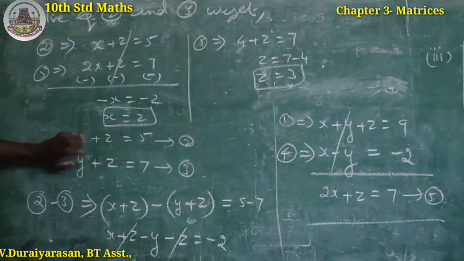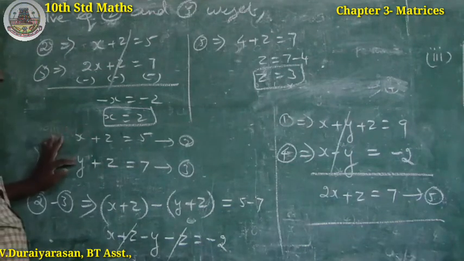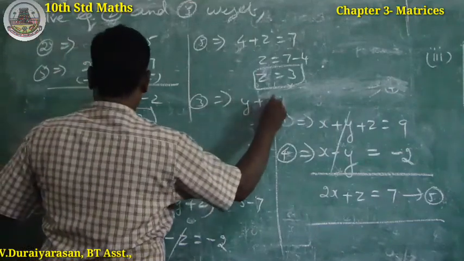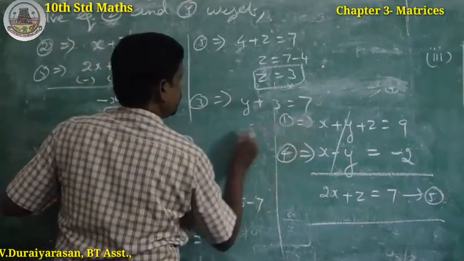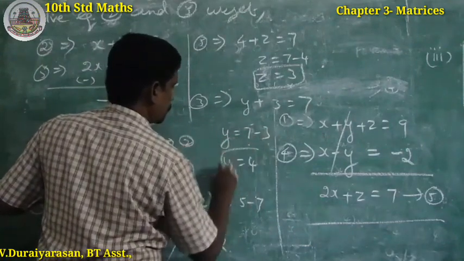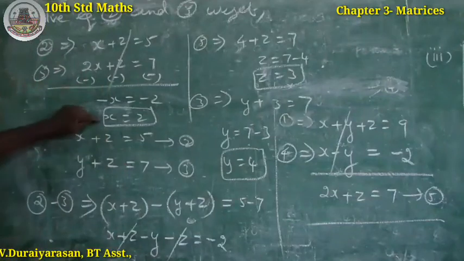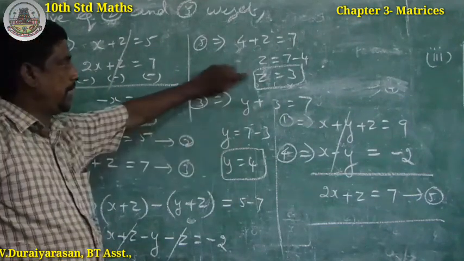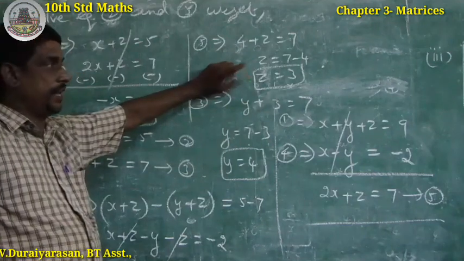Substitute z equal to 3 in equation 3. So y plus 3 equal to 7. y equal to 7 minus 3. y equal to 4. So x is equal to 2, y equal to 4, and finally z equal to 3. That's all.